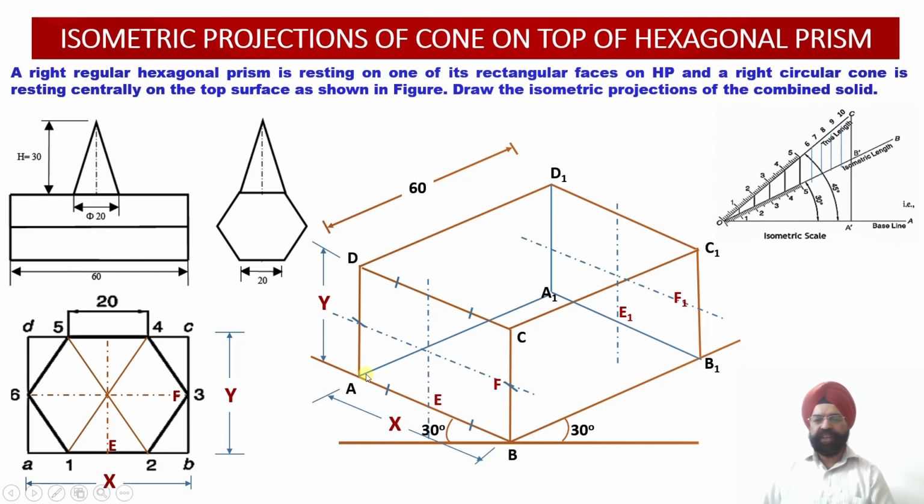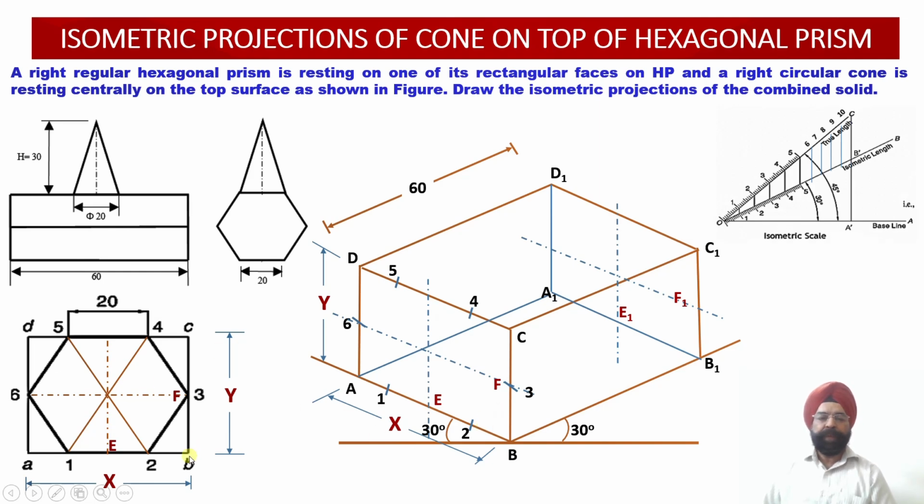So straight away you can check A1, B2, C4 and D5. So by measuring only one distance, 4 points we have been able to plot over there. So C to 4, D to 5, A to 1 and B to 2. So all these distances, they will be equal.